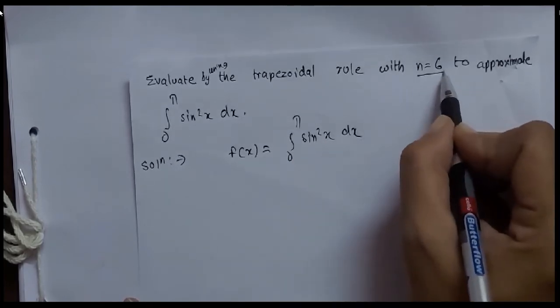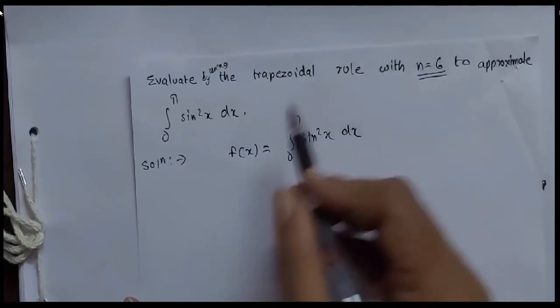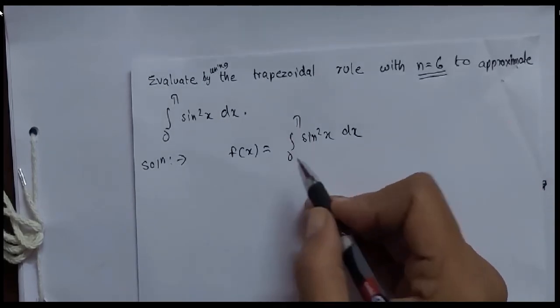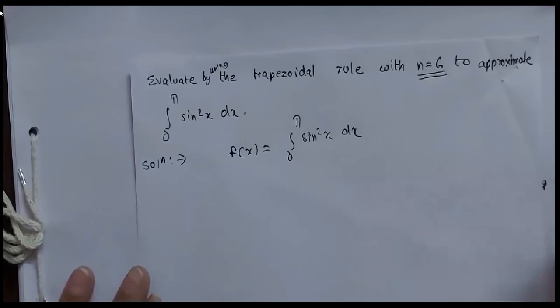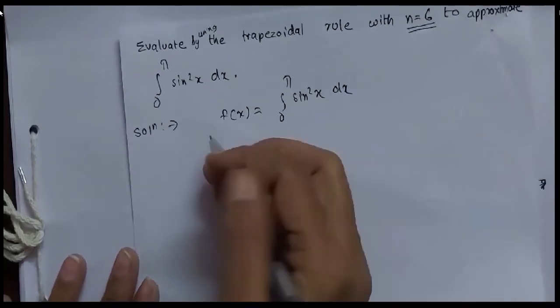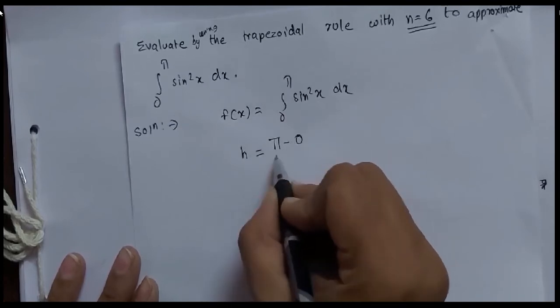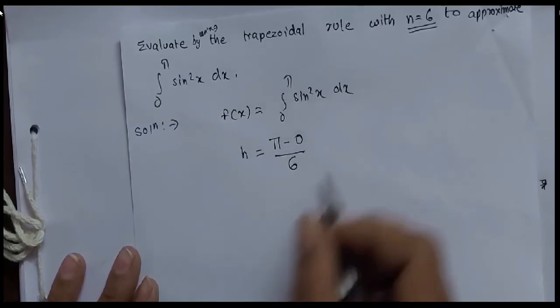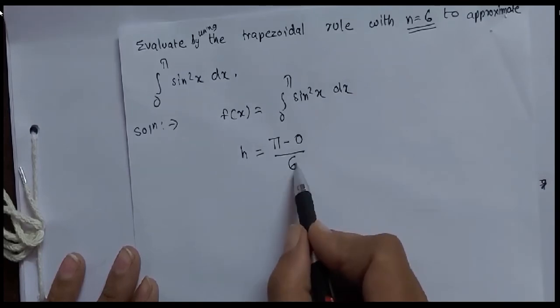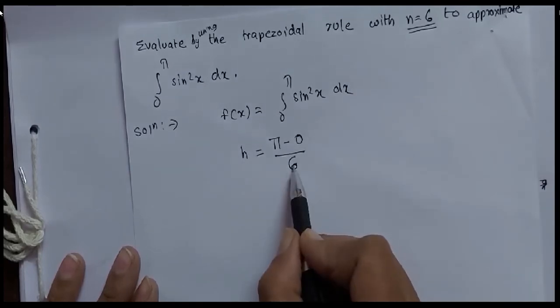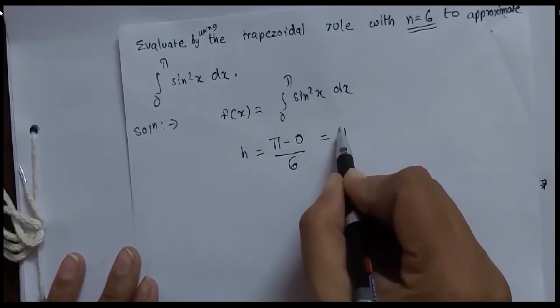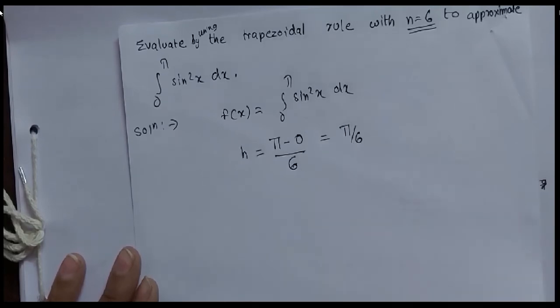Here it is given n is equal to 6, means we need to divide this limit into 6 equal parts. So value of h is not given, so we are going to find h is equal to pi minus 0 divided by n, which is 6. So h is coming out to be pi by 6.